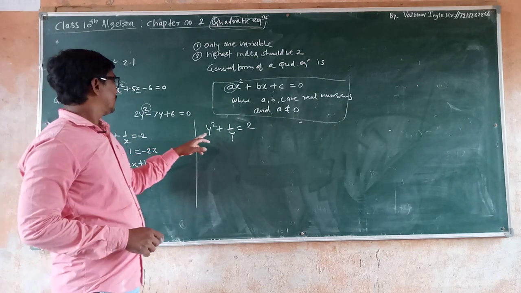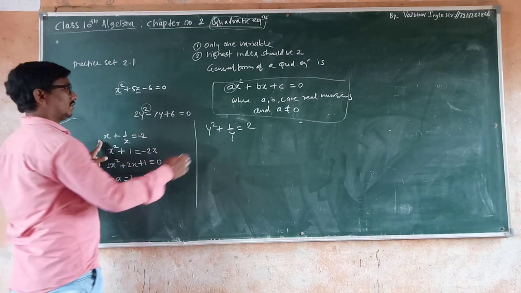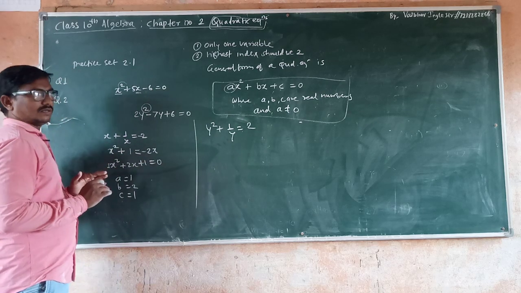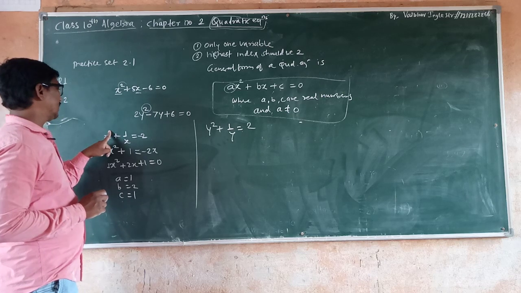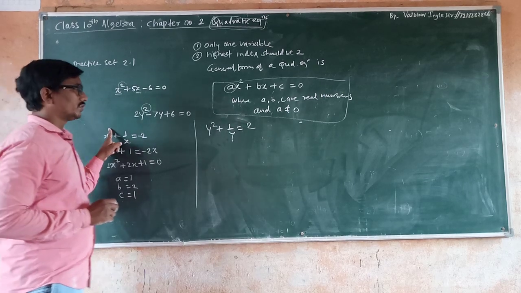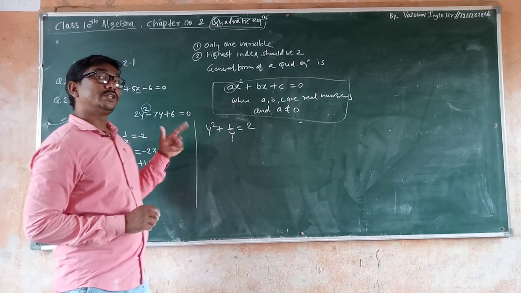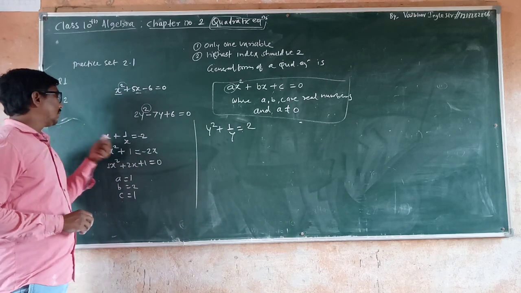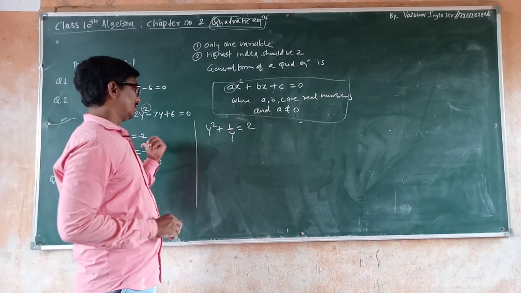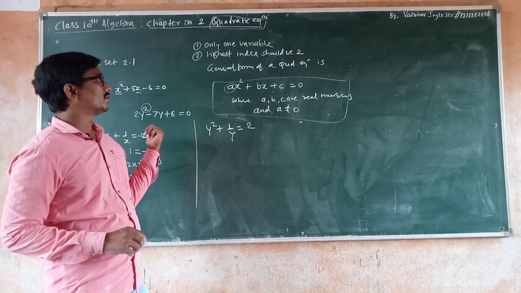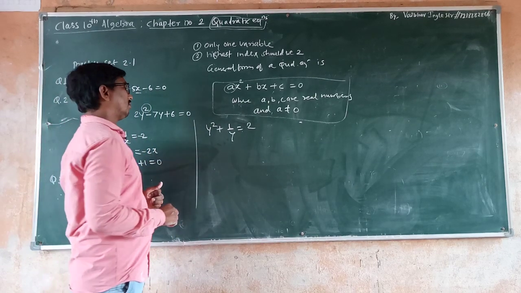So you can see these two examples are a little bit the same, but here the maximum index was 1 and here it is already 2. So we have multiplied this equation by x to convert it into the general form of a quadratic equation.